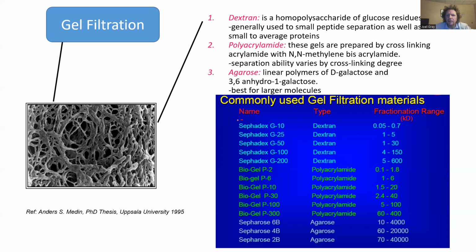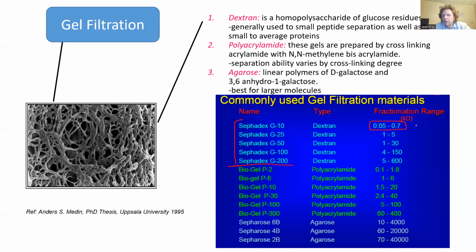Now, if you look at this slide at the bottom here, I've highlighted the dextran columns. The Sephadex name, that's not an industry standard, but it's a brand name effectively. These are going to be effective for separating molecules that range from 0.05 kilodaltons all the way up to 0.7 kilodaltons. So that's the same as 50 daltons all the way up to 700 daltons.